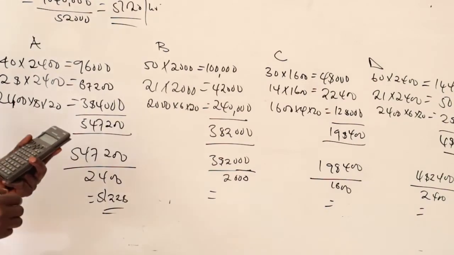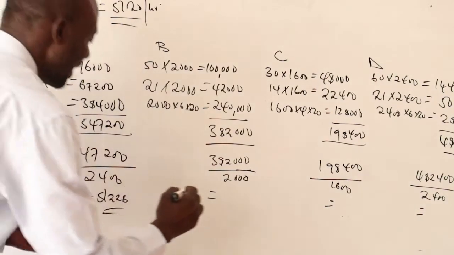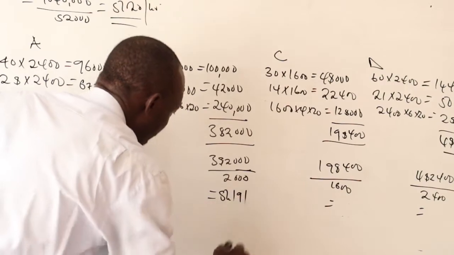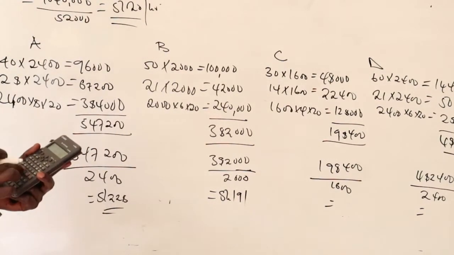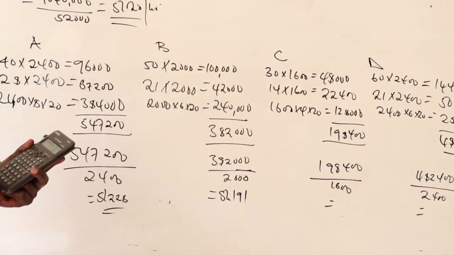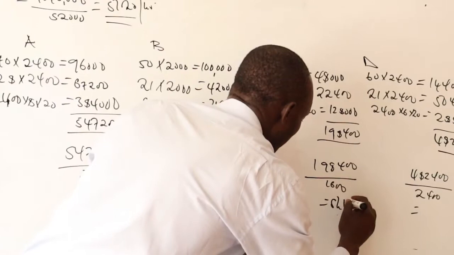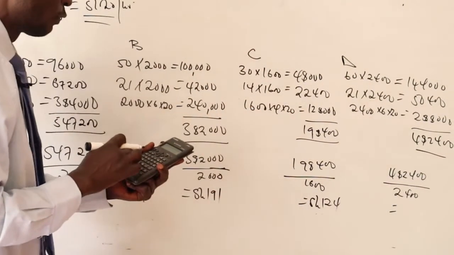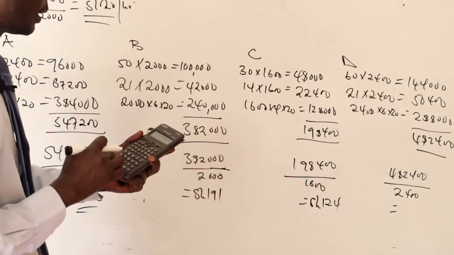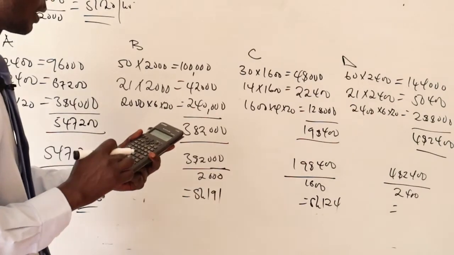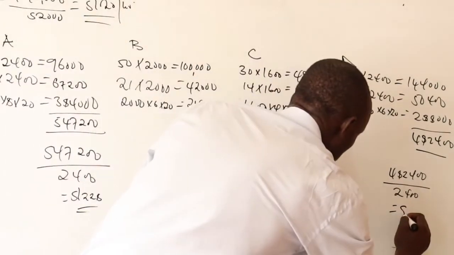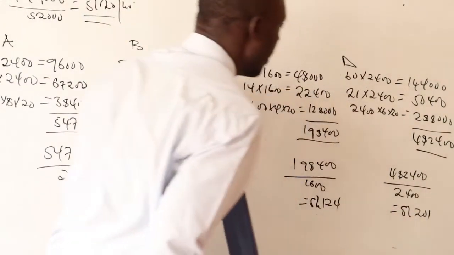The cost per unit is going to be 199 shillings. 198,400, you divide by 1,600. This is going to be 124 shillings. Then 482,400, you divide by 2,400. This is going to give you 201 shillings per unit.